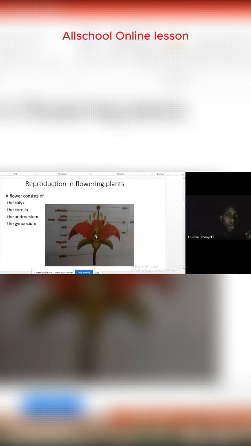You can also say that the corolla is the point where all petals join together. Just like you can see in this flower, these are petals, and you can see the path through which they sprout out. The collectiveness of them is what we call the corolla. Is that clear?